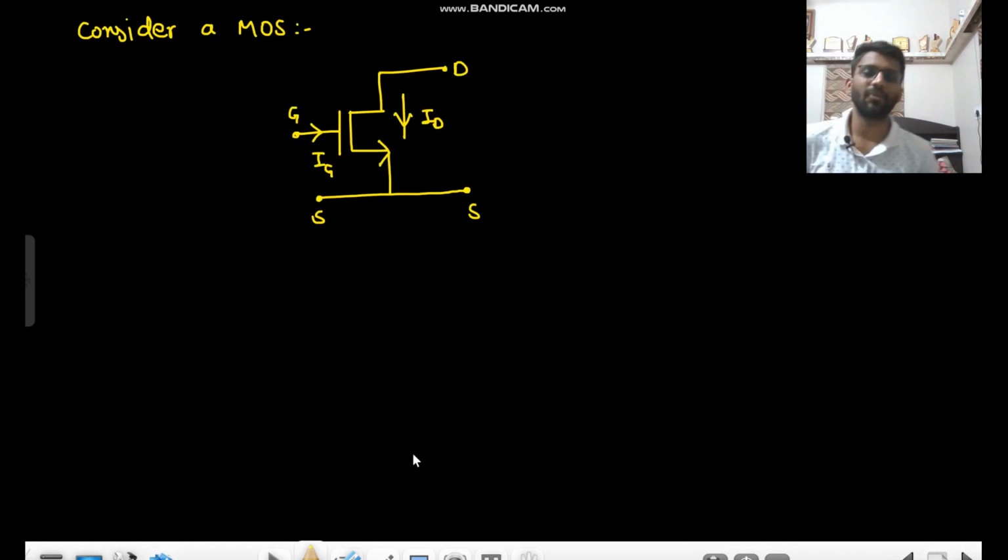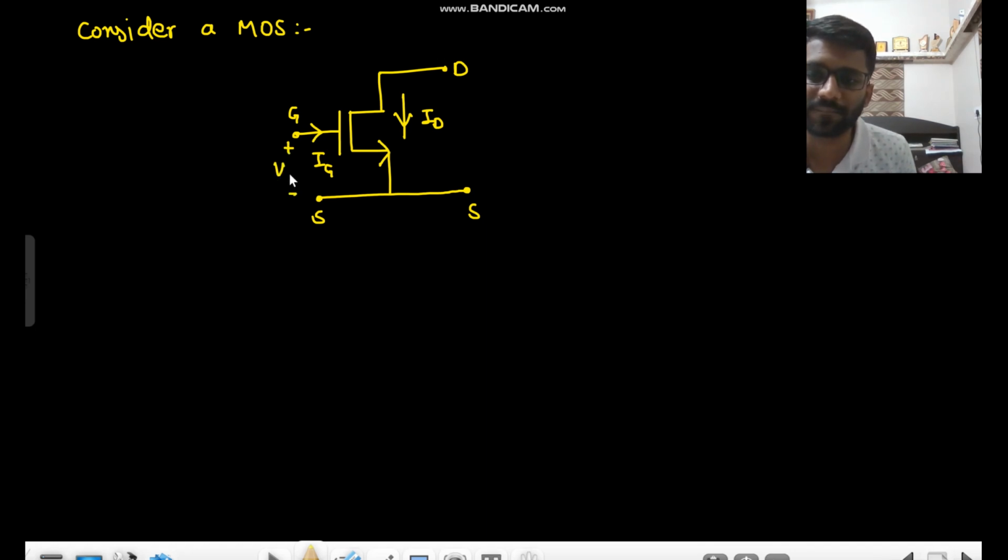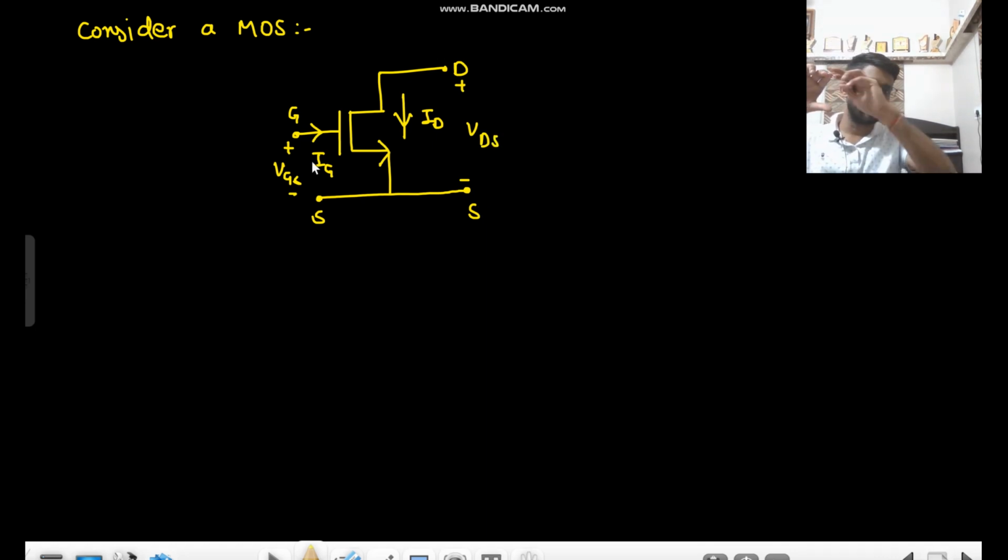Now we are considering a MOS circuit. Now consider this MOS. This is VGS. This is VDS. This is a two-port network, right? A MOS is a two-port network: V1, I1, V2, I2.